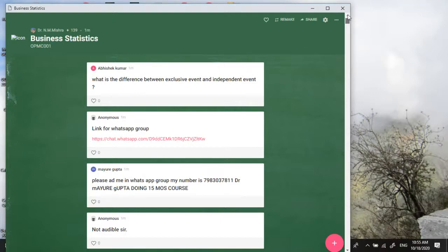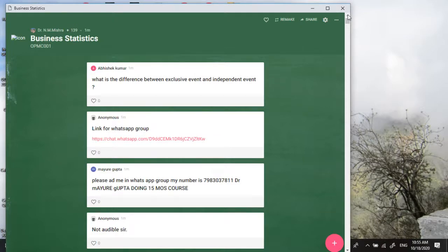Abhishek Kumar is asking here, what is the difference between exclusive event and independent event? Very nice question. I am going to explain you. Mutually exclusive event means, suppose if I will ask you, is any common day there between January and February? January and February, there is no common event.